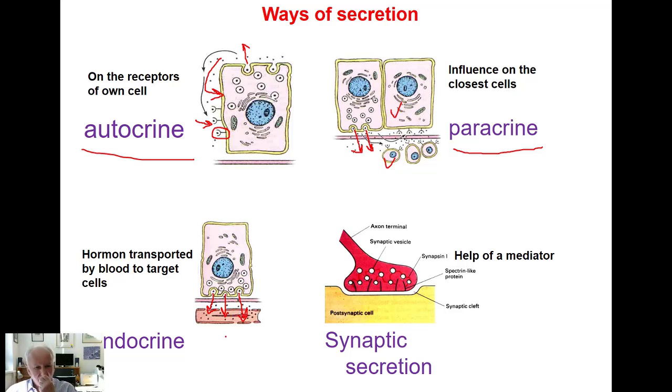By blood the hormone is taken away from this endocrine cell to another organ, to another cell, and influences those cells. We call this endocrine type of secretion.